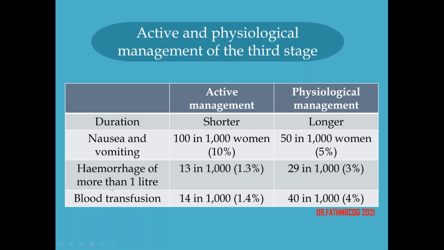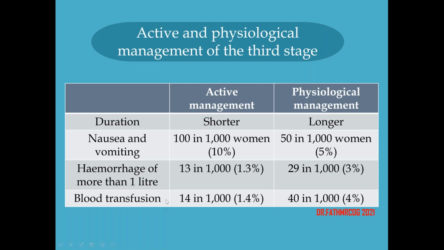And hemorrhage of more than 1 liter, the incidence is 13 in 1,000. It is about 1.3% in active, and here it is more in physiological management, 29 in 1,000, about 3%, because in active we use oxytocin uterotonic drugs to reduce the incidence of hemorrhage.